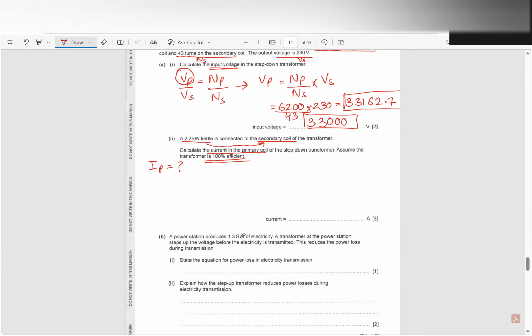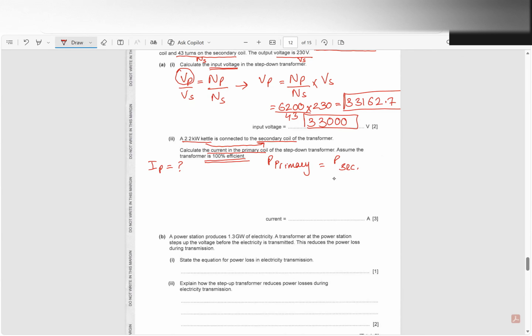This is going to make one thing clear: whatever the input power, it is going to be the output power. This is what 100% efficient stands for. So the power input or primary is going to be the power secondary.